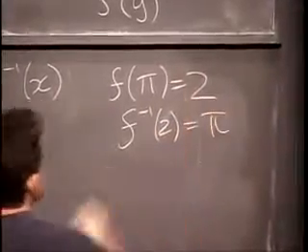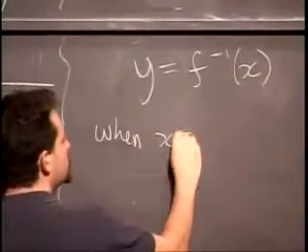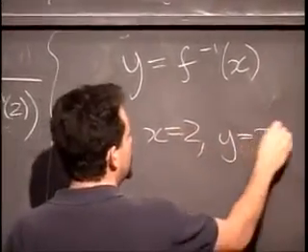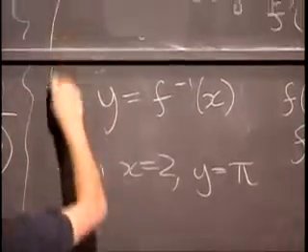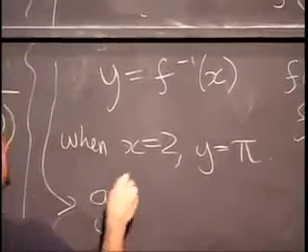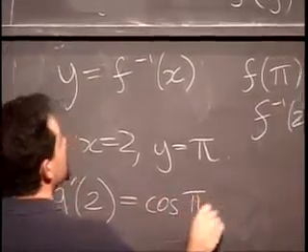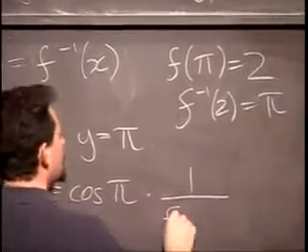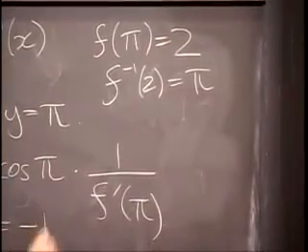Another way of saying that is when x equals 2, y equals pi. If you do that, you can come back over here and say that g prime of 2 is equal to cosine of pi over f prime of pi. And of course, you get exactly the same answer.